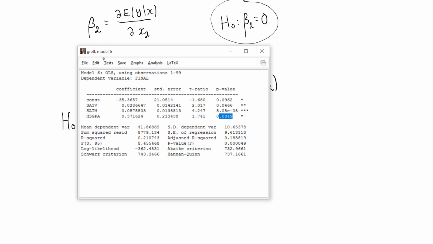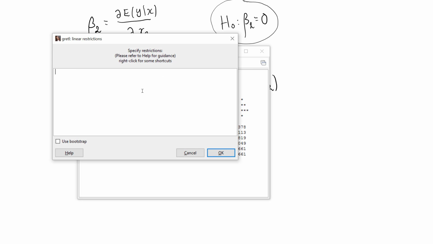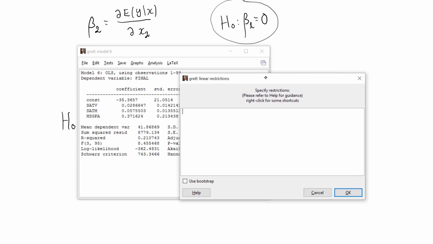In Gretl, you can carry out this by going to Test and go to Linear Restrictions. Then you can just simply type in the restriction you want to test. And in Gretl, you do it in the following way. B, parenthesis should be this type of parenthesis.